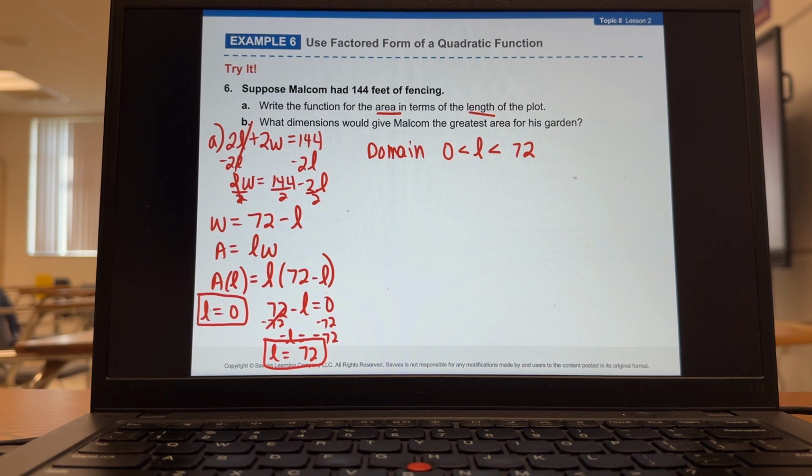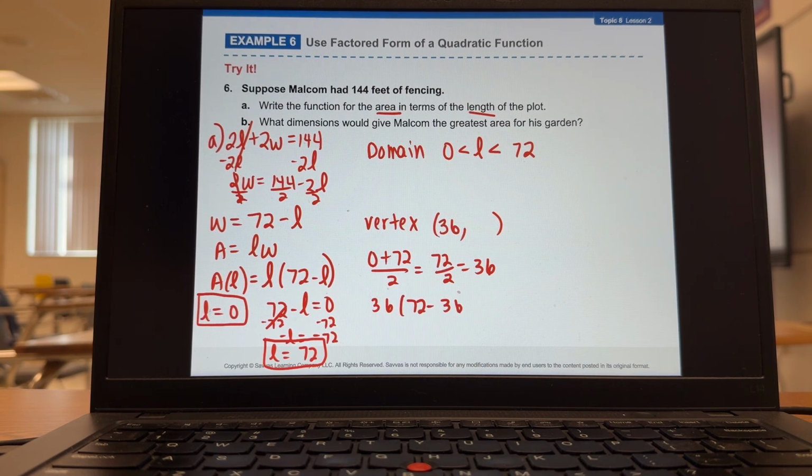Okay. So now, if I do want to find my vertex, remember axis of symmetry is halfway. So 0 plus 72, divide that by 2. 72 divided by 2 is 36. And then if I plug that in, 36 times 72 minus 36, 36 times 36 is 1,296.